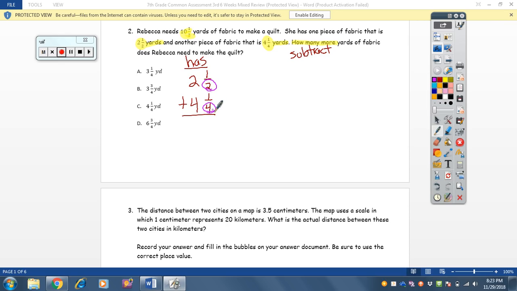Your common denominator is going to be 4. So you have to rewrite it with a 4 on bottom and a 2 on top. Double check your work. Did you forget that? And the other one you don't have to change.